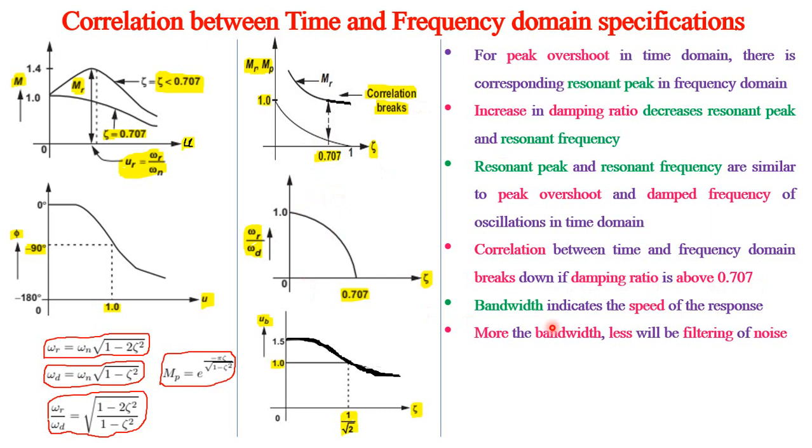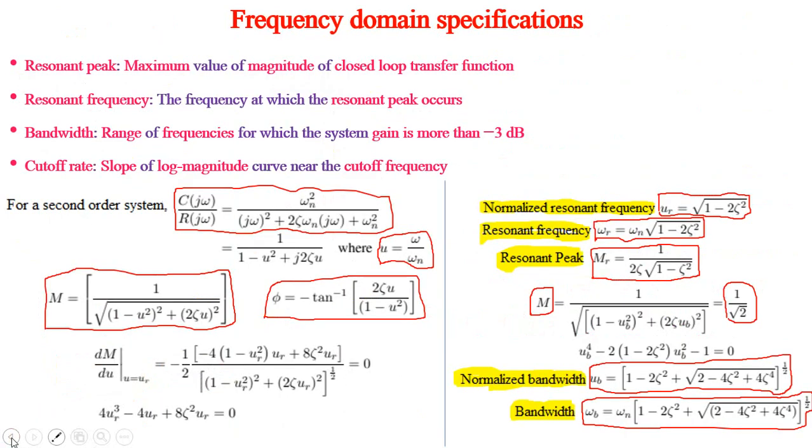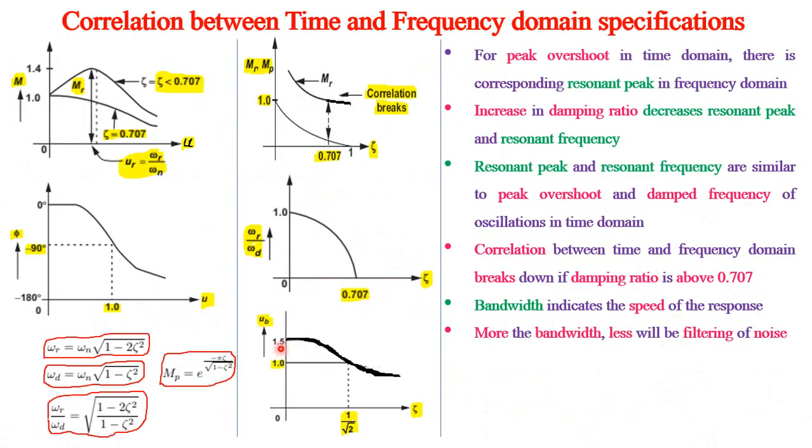Then coming to the bandwidth. So bandwidth relation we have shown here. So if we introspect this bandwidth with respect to zeta, when you increase the damping ratio, bandwidth actually decreases like this. So it attains the value of 1, thereafter it further decreases.